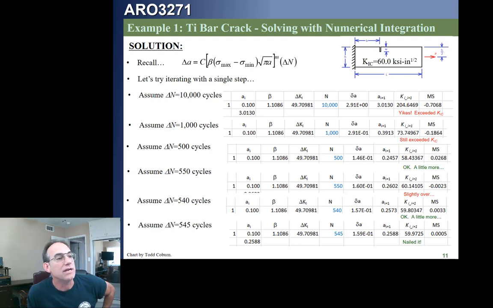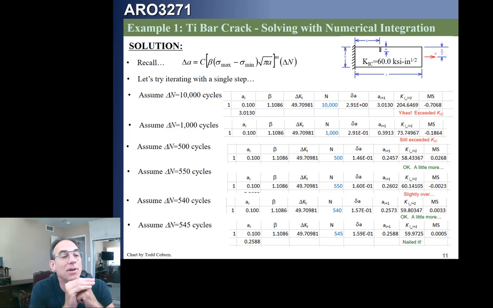So you'll notice we iterated 1, 2, 3, 4, 5, 6 times to find the answer. But each of these is based on a single step going from the initial crack size to the final crack size. That introduces all the error associated with our beta 1. We're using beta 1 in all these cases. We didn't change it, so that introduces a lot of error.